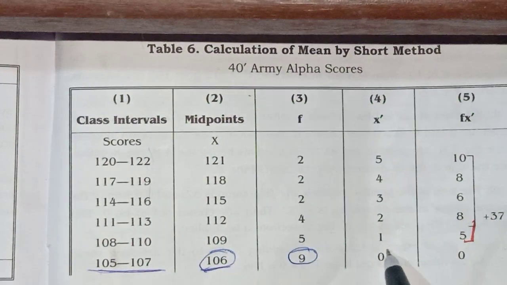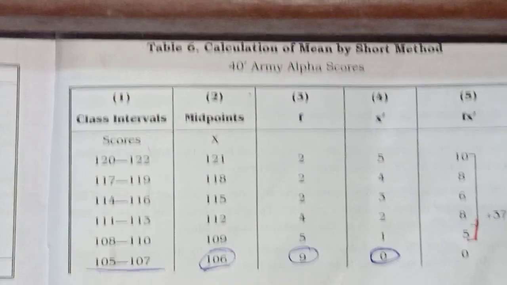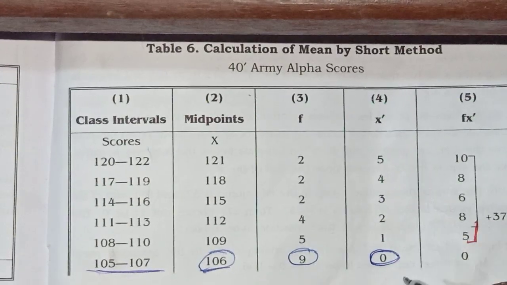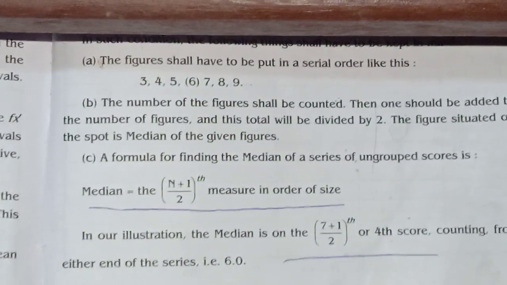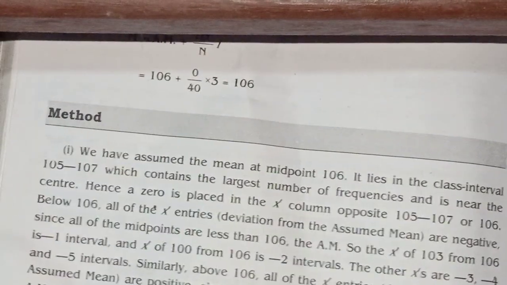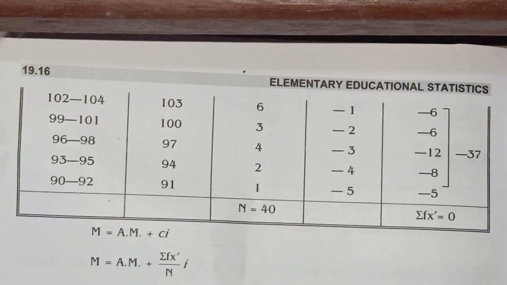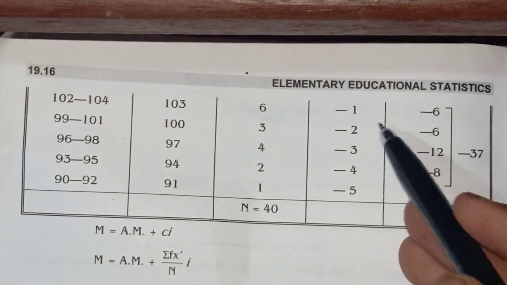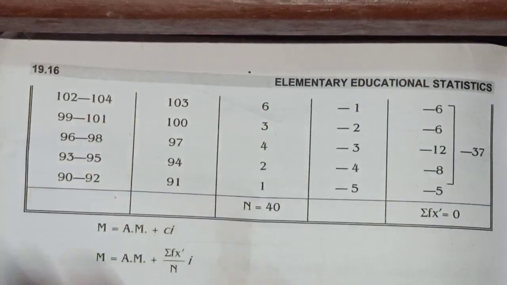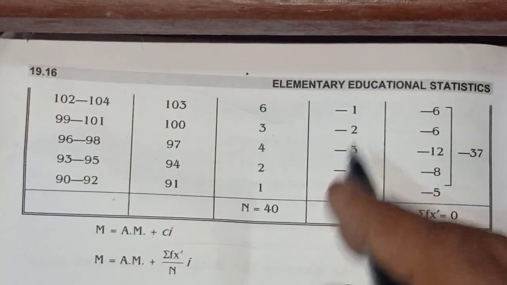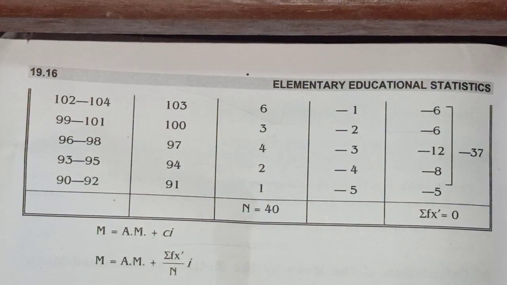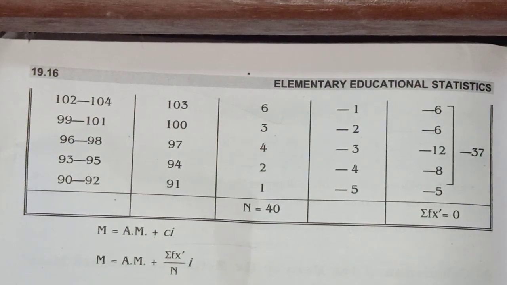And here you have to write 0 and 1 2 3 4 5, and below it also 1 2 3 4 5. Okay, this is written. Why is this written? Because to show that there are the same number of scores below this and above this.